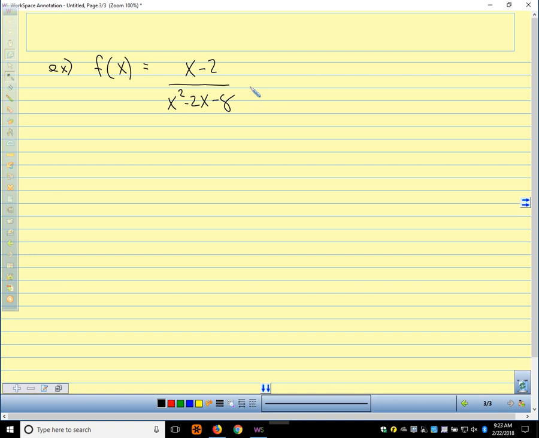So what's the first thing we're going to want to do here? Factor the denominator. We want to factor, if we can, to find our zeros. So we get x minus 2 over, this one factors nicely, x plus 2 and x minus 4.